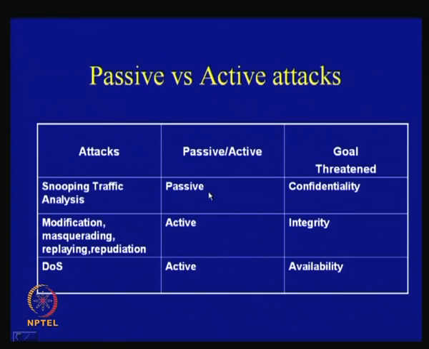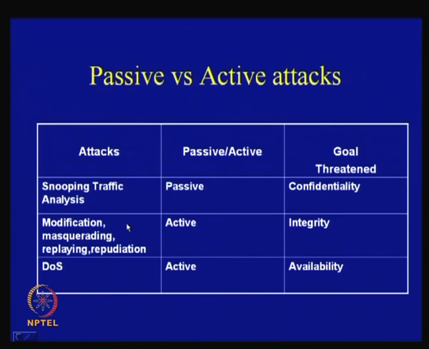He does not do any malice by modifying, deleting or inserting information, but just observes the content being transferred. So this is a typical passive attack, and it threatens the goal of confidentiality.